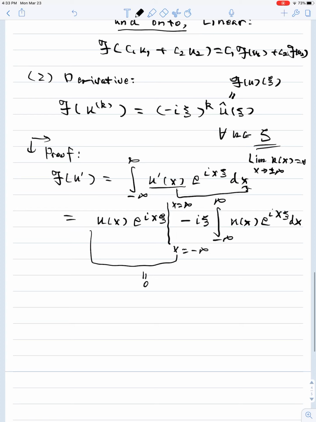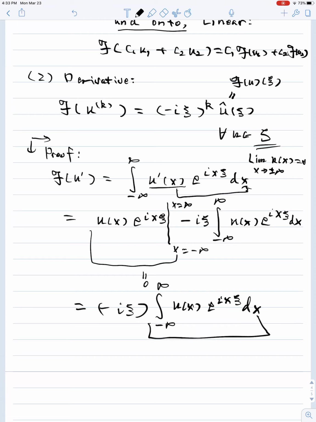At the end, what we have is negative iξ times the integral of u(x) e^{ixξ} dx. Now this term is obviously the Fourier transform of u.